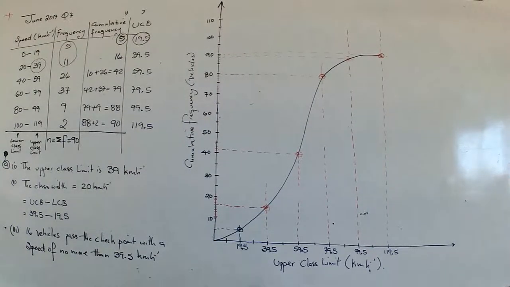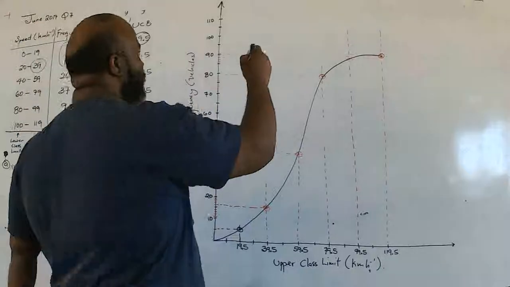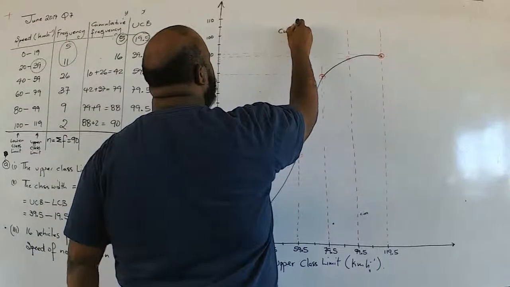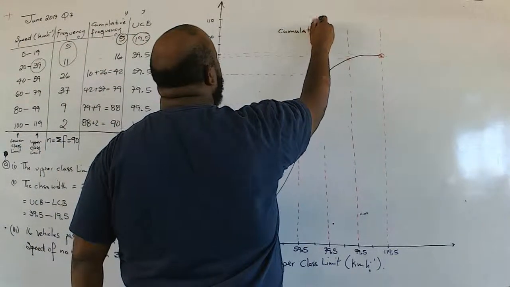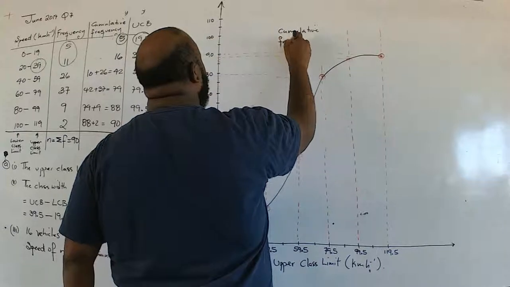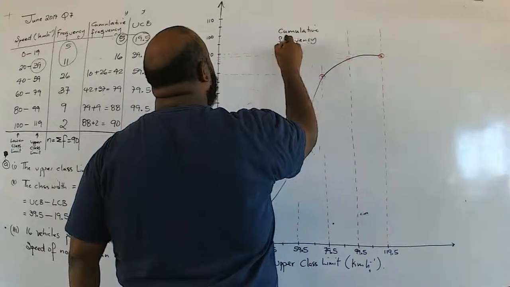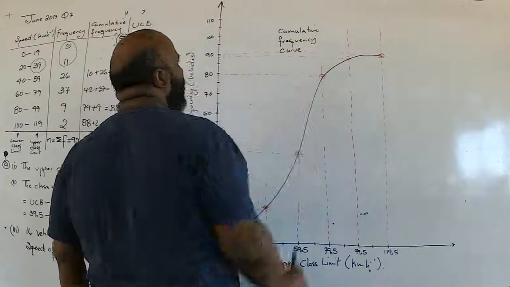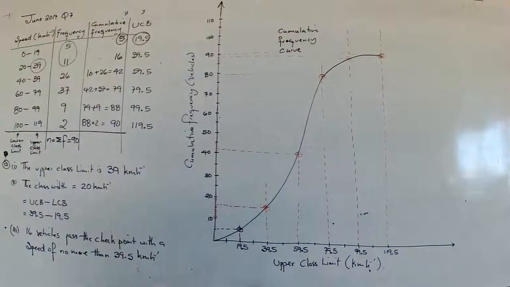So this is our cumulative frequency curve. Are you with me? Everybody knows that you must not draw the little lines. You must not draw the lines to plot points.